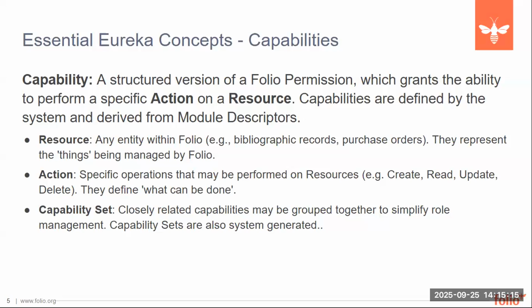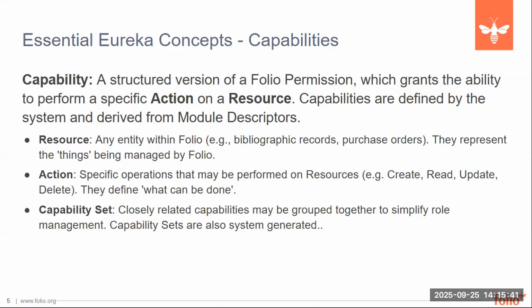If you look at permissions in traditional Okapi Folio, you'll see that the permission names are usually defined as something like inventory.item.read. Effectively, you have all of that information there: the scope, which is inventory, the resource, which is the item object, and the action, which is read.